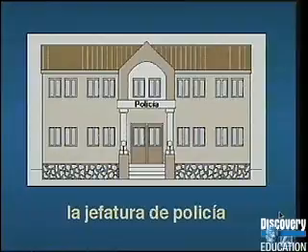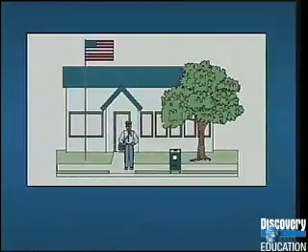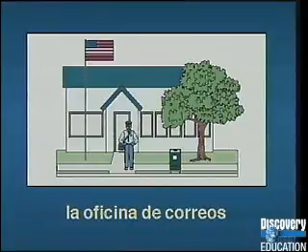Another community service that probably exists in your community is this one. The American flag's up here. Here's this guy. He's got his bag. Okay, and this is where you put letters to go out. Now, en español, what is this in English? Okay, it's the post office. En español es la oficina de correos.